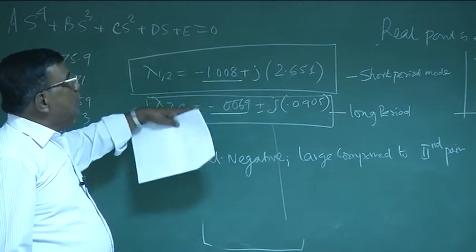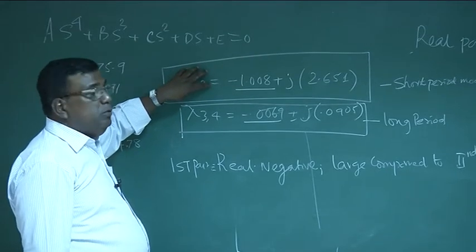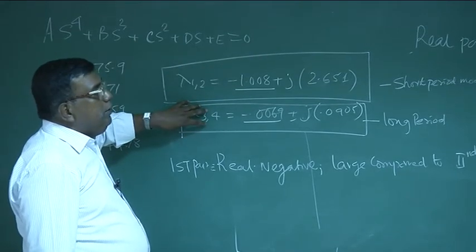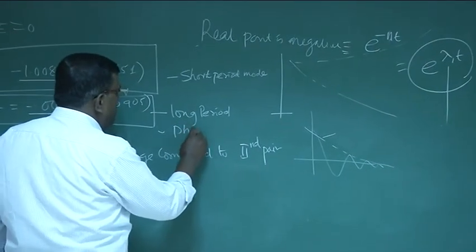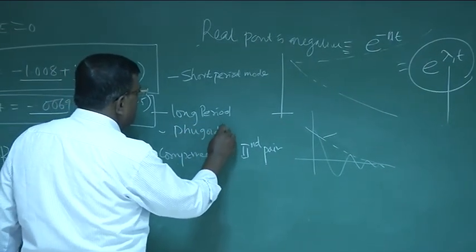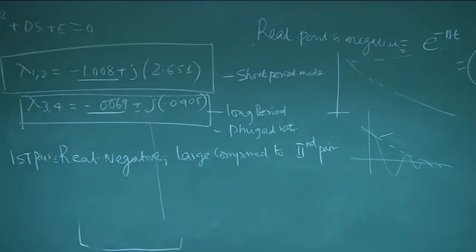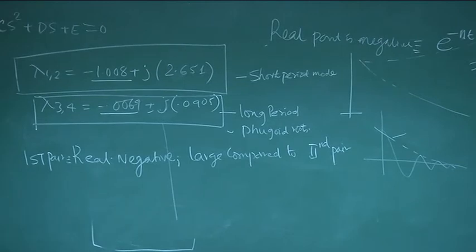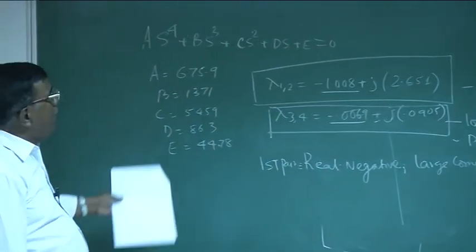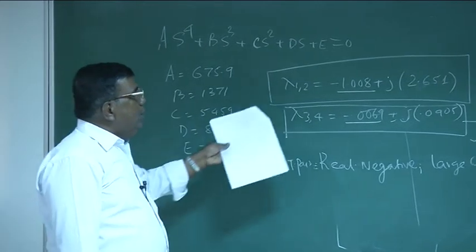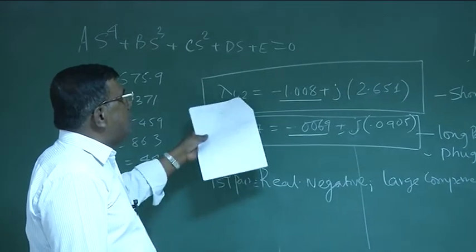So we will characterize lambda 1, lambda 2 as the short period roots, and these as the long period roots, or we also say phugoid roots. Right. We'll discuss the short period and phugoid modes in detail, but just see how informative this equation is, although it looks ugly in terms of expression. Now, how do I handle what more information I should be able to extract from this?